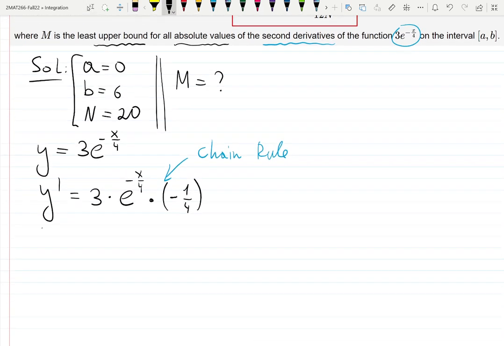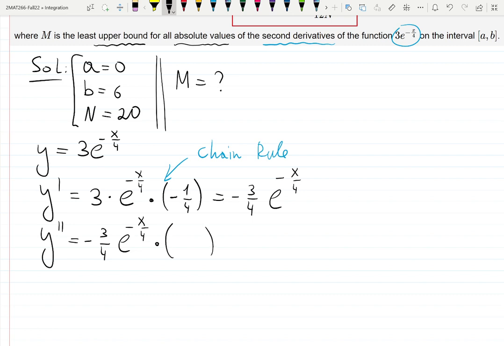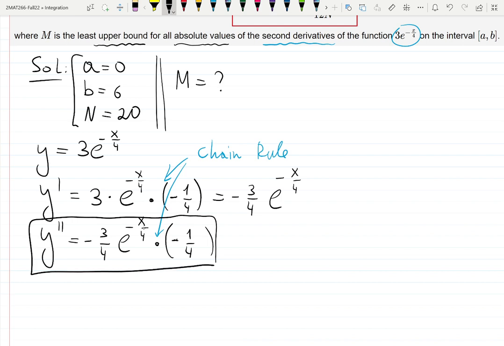Now we need the second derivative. The second derivative is repeating the whole process. So let's simplify: minus 3 over 4 e to the minus x over 4. The second derivative will be minus 3/4 e to the minus x over 4 times, chain rule happens again, minus 1/4. Chain rule. This is the second derivative of the given function inside of the integral.